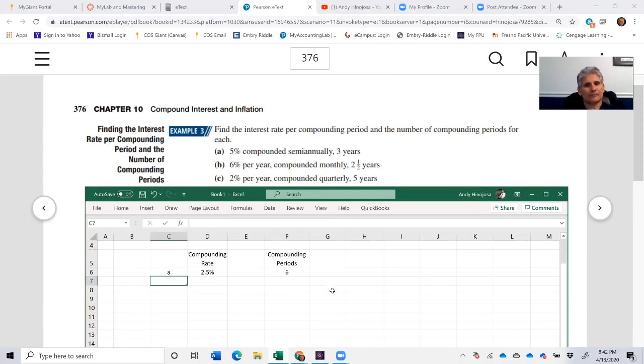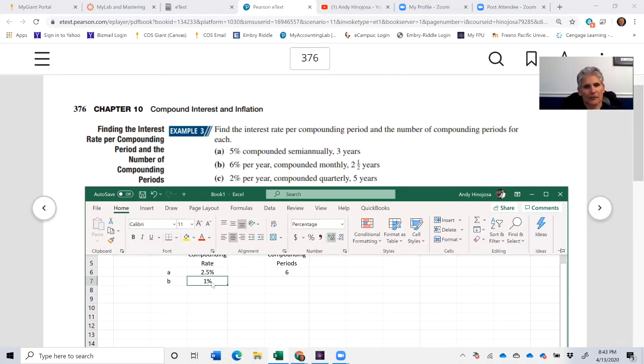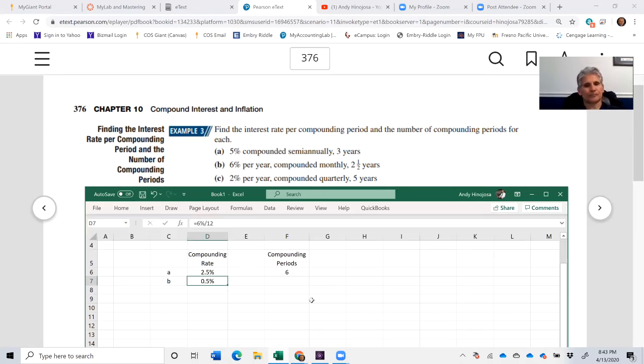For B, we have 6% per year, so we'll start off with 6%. The compounding periods is monthly, so we're going to divide that by 12. So the result is going to be 0.5%.